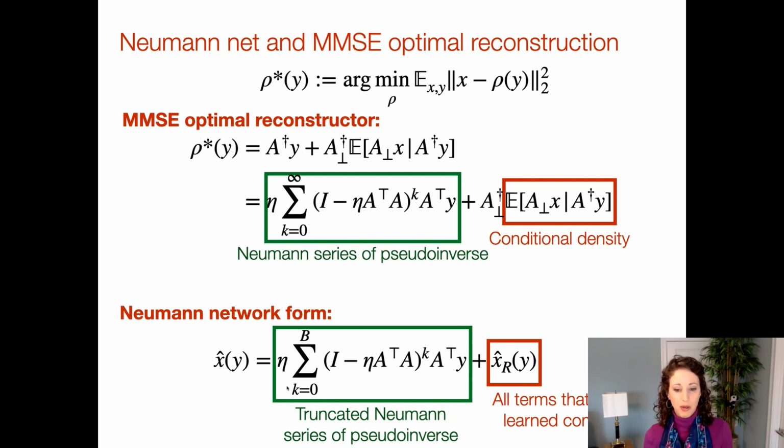So we can see in this green term, nothing here at all is learned. We've got all of the learned components in the red block, and this corresponds to the conditional expectation that showed up in the optimal estimator. And so the hope is that by using this Neumann network architecture, what we are going to be learning, and trying to minimize the mean squared error, is going to adapt to this conditional density.